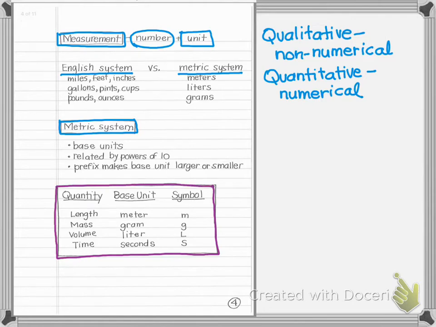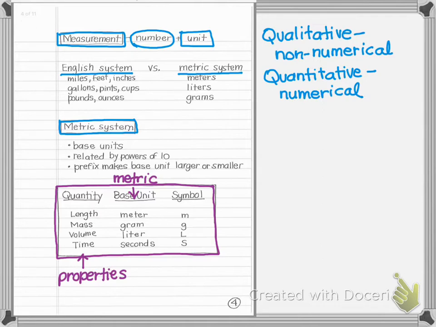These are different properties that we measure. We might need to measure length, and here, these are the base units. This is the metric unit that we would associate with that property. We call it a base unit because you notice there's no prefix in front of it, which we'll talk about in a minute.